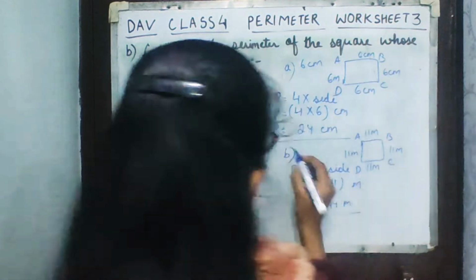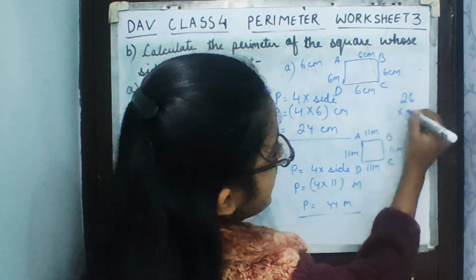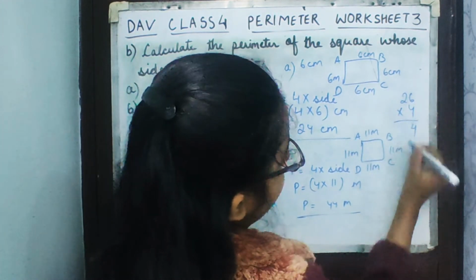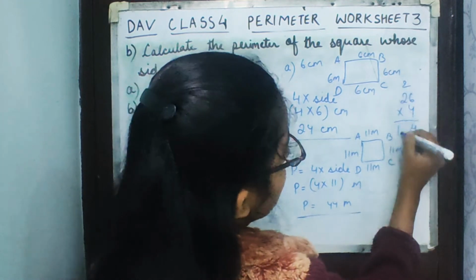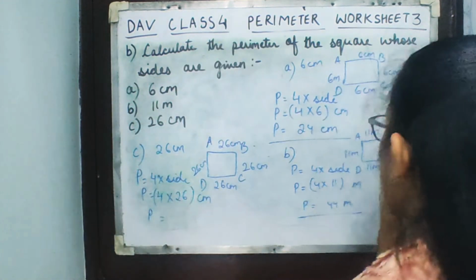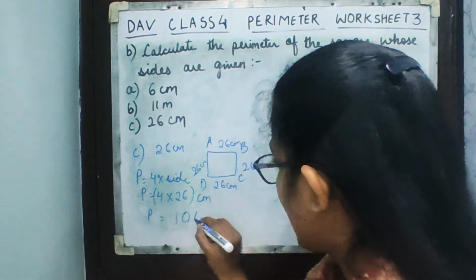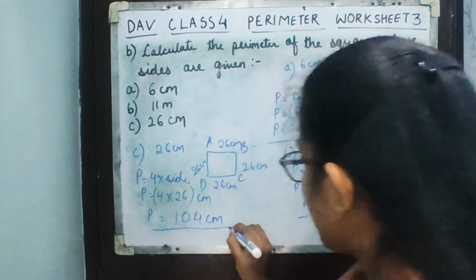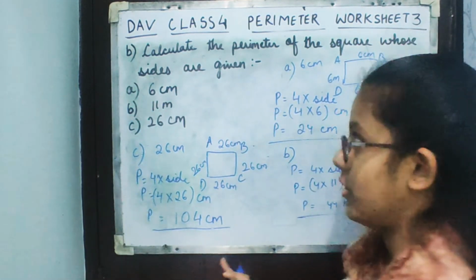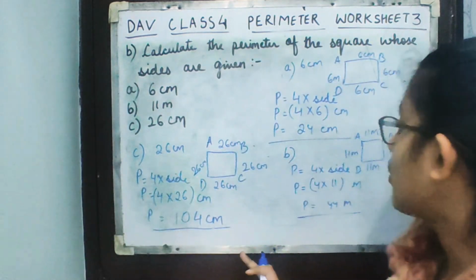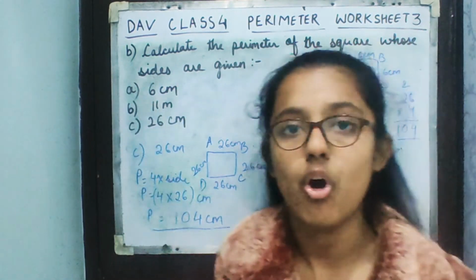Let's multiply 26 and 4. 4 sixes are 24, 2 carry. 4 twos are 8 plus 2 is 10. So we are getting 104 centimeter. So perimeter is 104 centimeter. So we have completed the B question, all the parts.